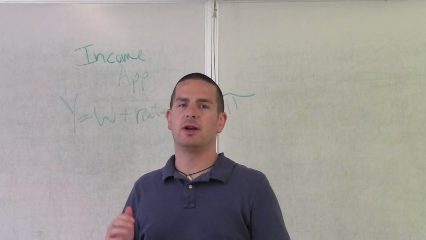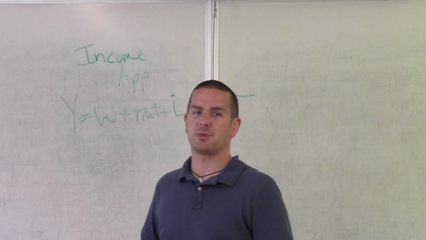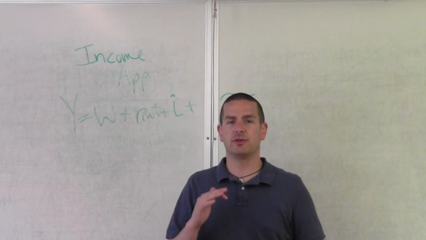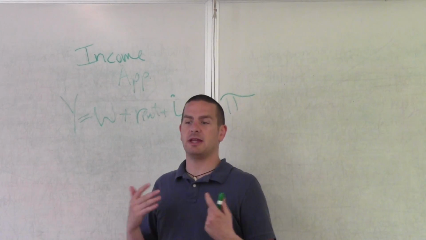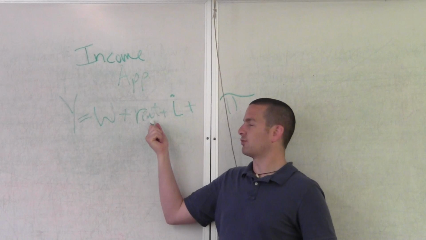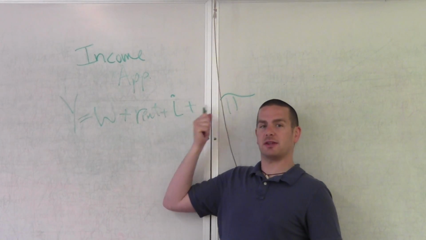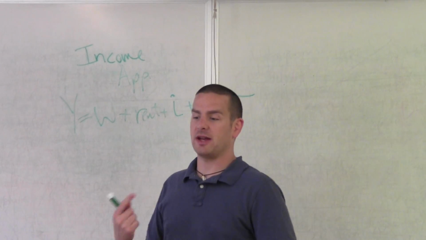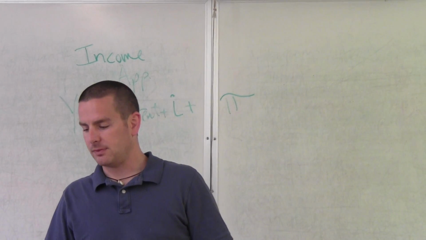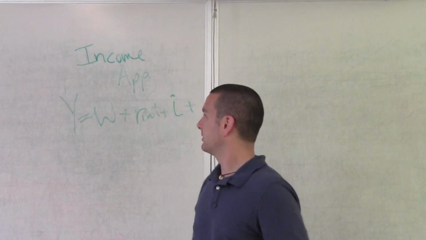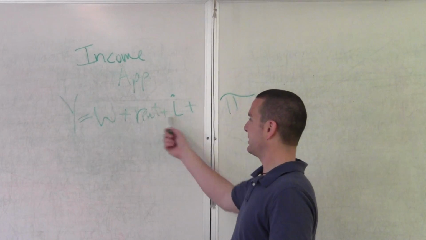I mentioned before, economists decided to use pi as profit. So there's only really four groups of income in this economy: wages, rents, interest, and profits. That's another way of adding up GDP.